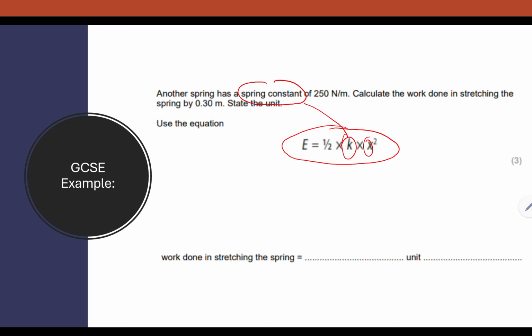We just need to substitute these values in. So we do a half multiplied by 250 multiplied by 0.3 squared, and when we do that, we get 11.25. Because it is work done, the units are always joules.